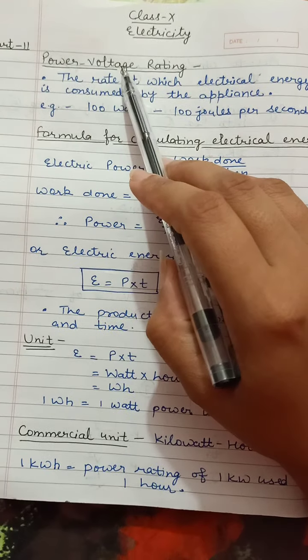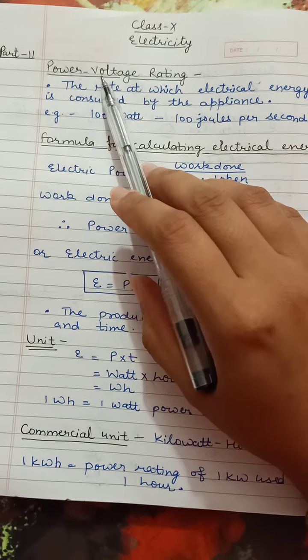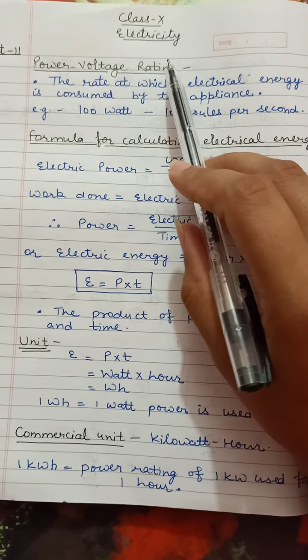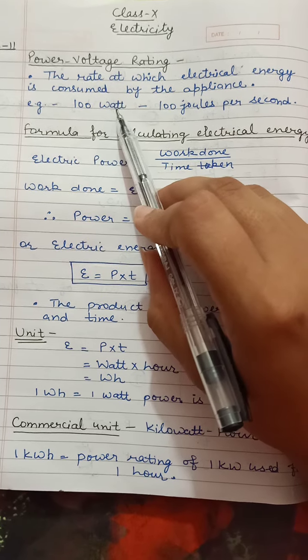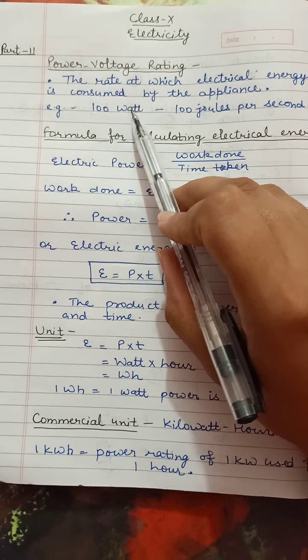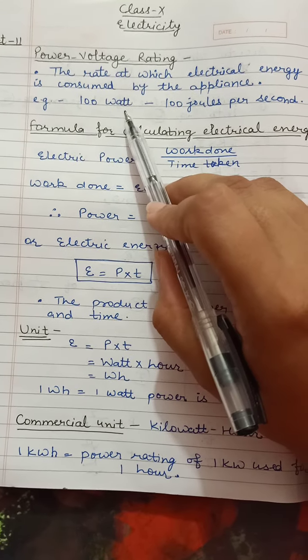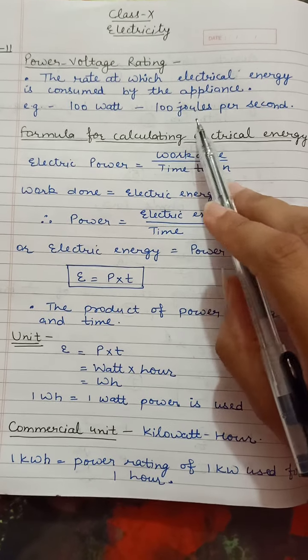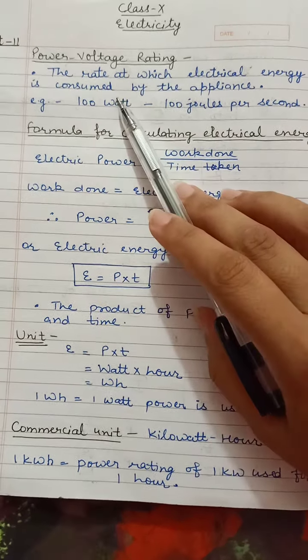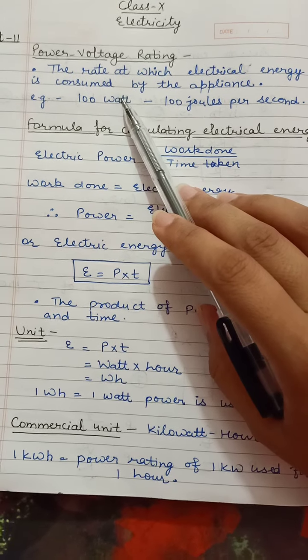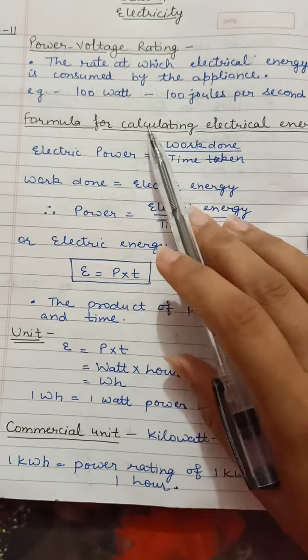Power and voltage both will be written on the appliance. Suppose a 100-watt bulb is there, so it means that this 100-watt bulb is consuming 100 joules of energy per second. So this is called the power voltage rating.